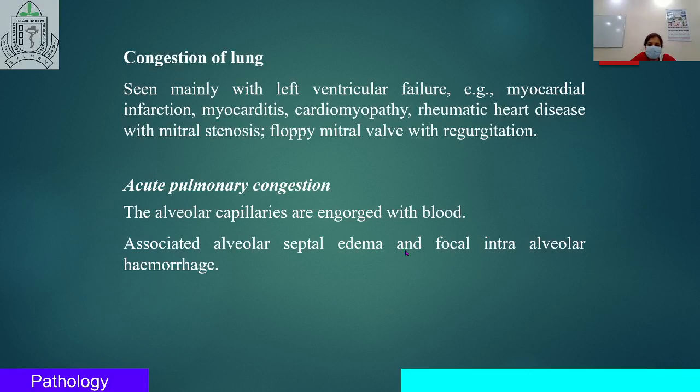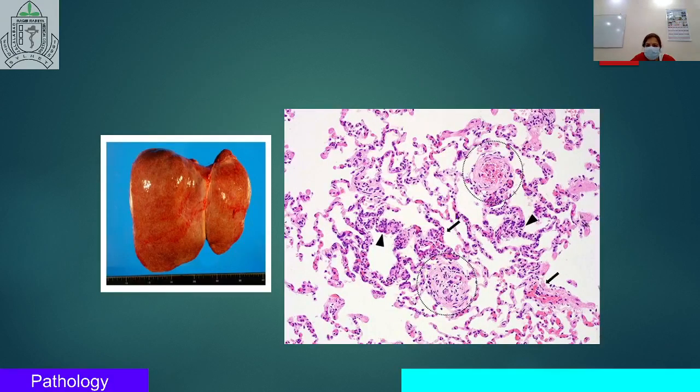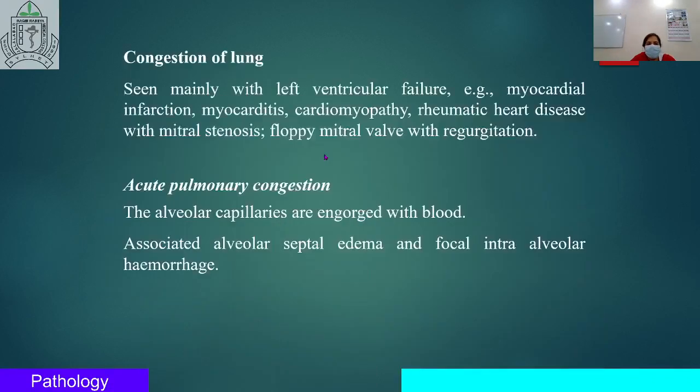The alveolar septa become edematous, and there is intra-alveolar hemorrhage. We know that congestion and edema occur together. Where does this edema occur?